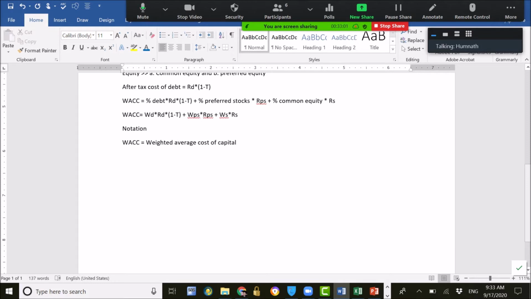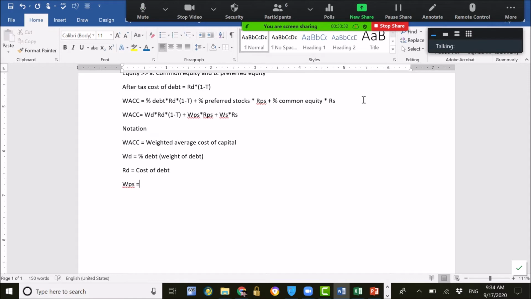Okay, so what is the second term? WD. That is actually percentage debt or weight of debt. Okay, R sub D is cost of debt.